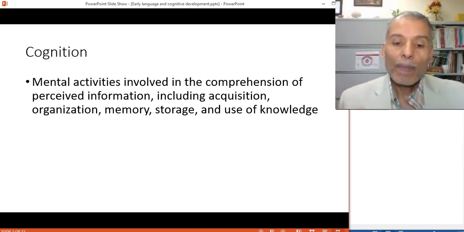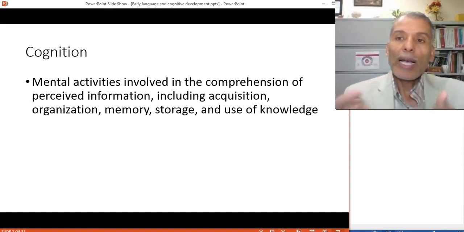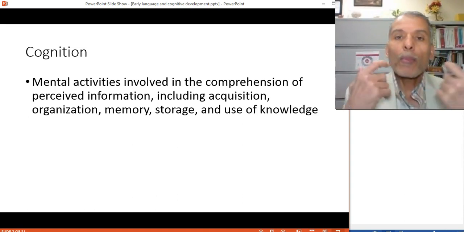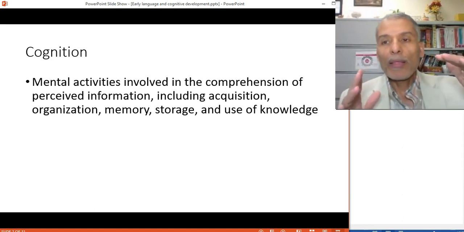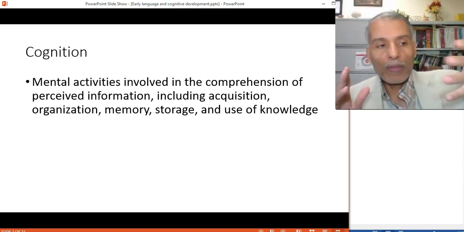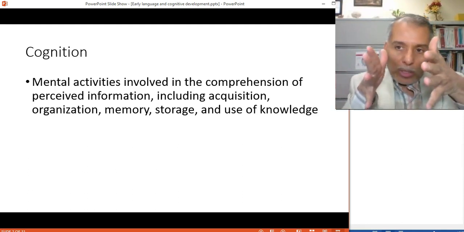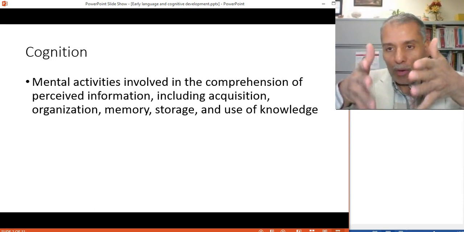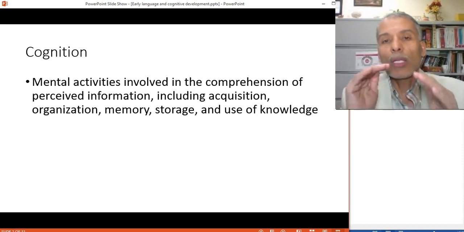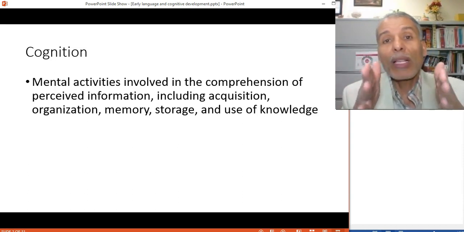So in this sense, language serves as a tool to develop cognition. And in the early childhood years, again, you will find that cognitive development is going this way, linguistic development is going this way. Both of them progress based on certain levels, and they are parallel.